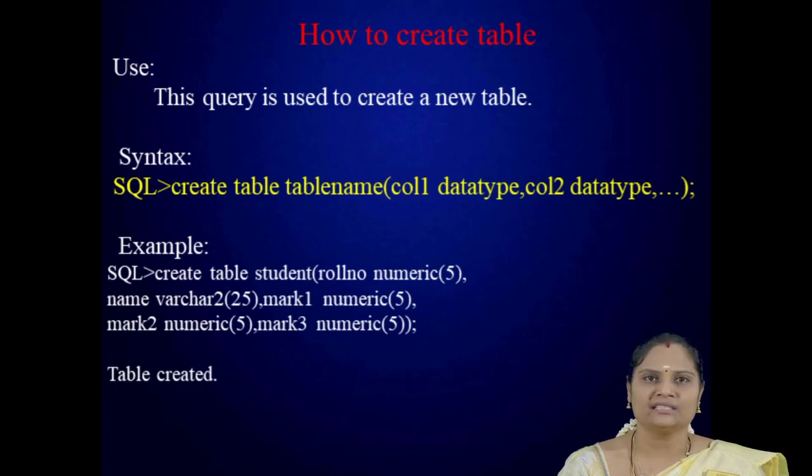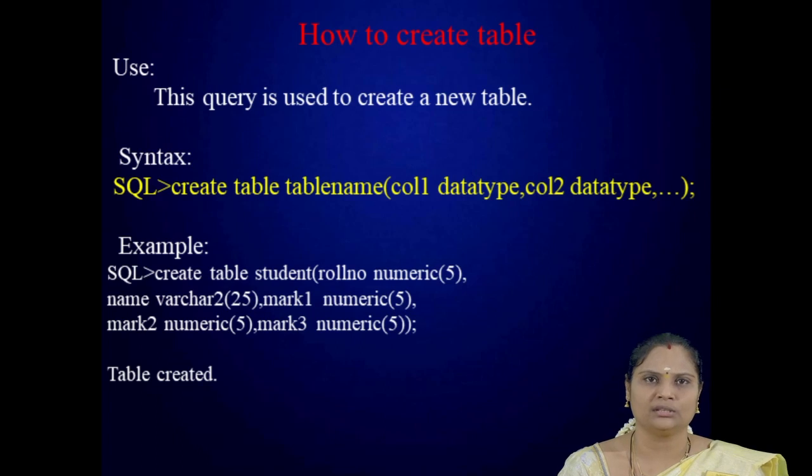Roll number has the values numeric, so we create a roll number with the data type numeric along with its size. Like this we create all the columns. After executing these queries, we get the new table called student with the columns roll number, name, mark 1, mark 2 and mark 3.